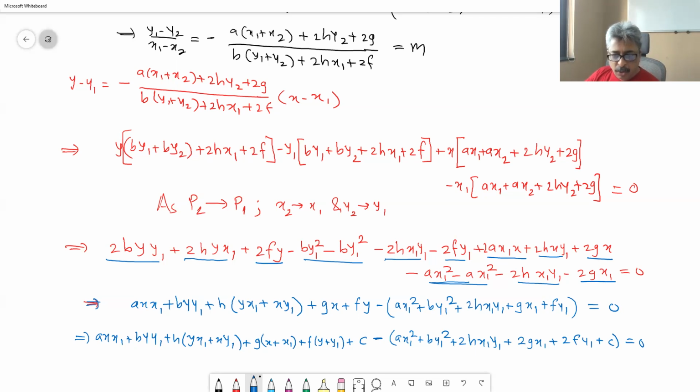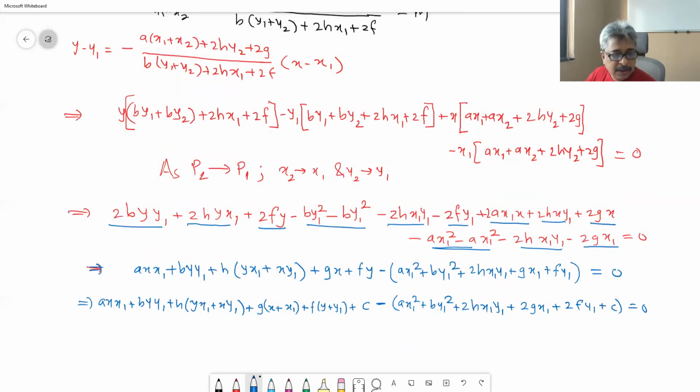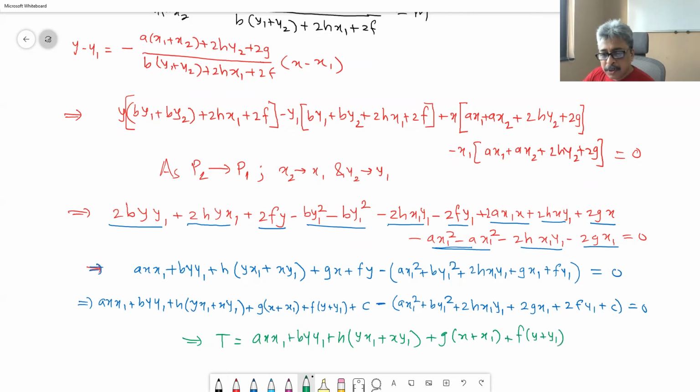That is what is our equation. However, this entire bracket is 0 because it is equation number 1, and hence t is equal to axx1 plus byy1 plus h into yx1 plus xy1 plus g into x plus x1 plus f into y plus y1 plus c is equal to 0.